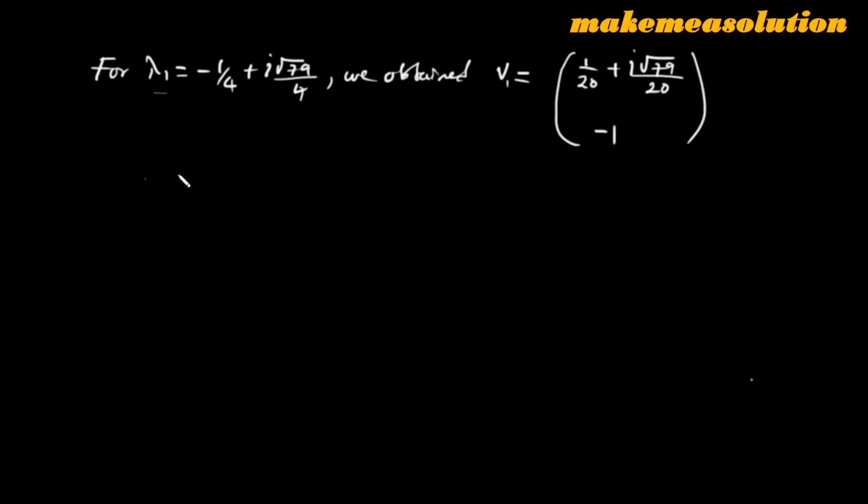But since we're dealing with complex eigenvalues, you have to understand that our second eigenvalue, which is minus 1 over 4 minus i root 79 over 4, which is the conjugate of the first eigenvalue, is going to have, in theory, its own eigenvector to be the complex conjugate of the first eigenvector, which is 1 over 20 minus i root 79 over 20, and you now have minus 1.